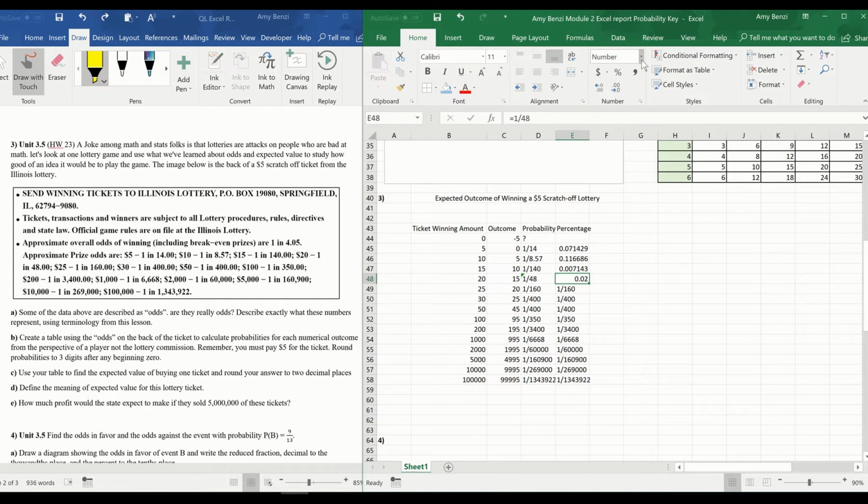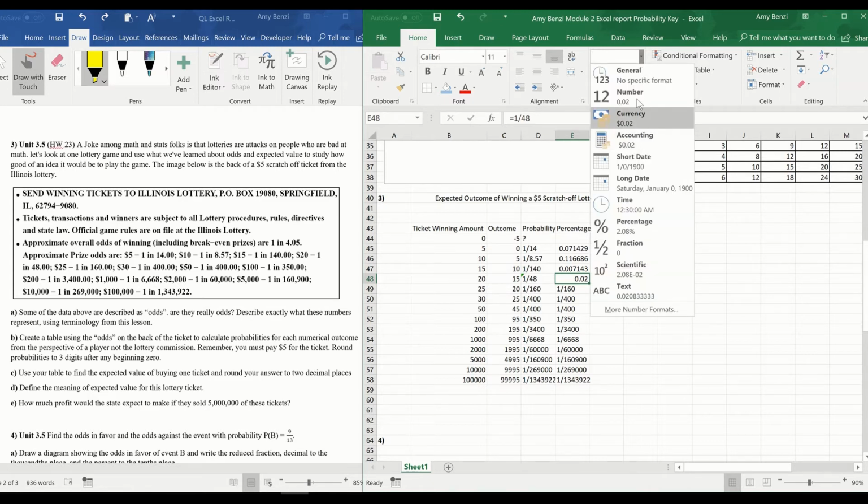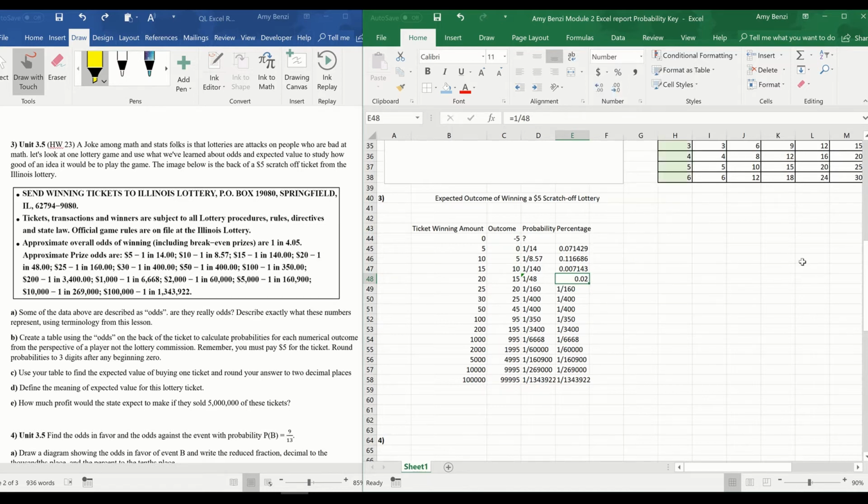Number by default gives me the hundredths place rounded, but we'll deal with that at the end. I'll show you guys how to change that. For now, I'm just going to go through and get my equal sign inside of each one of these so that Excel does the actual calculations for me.